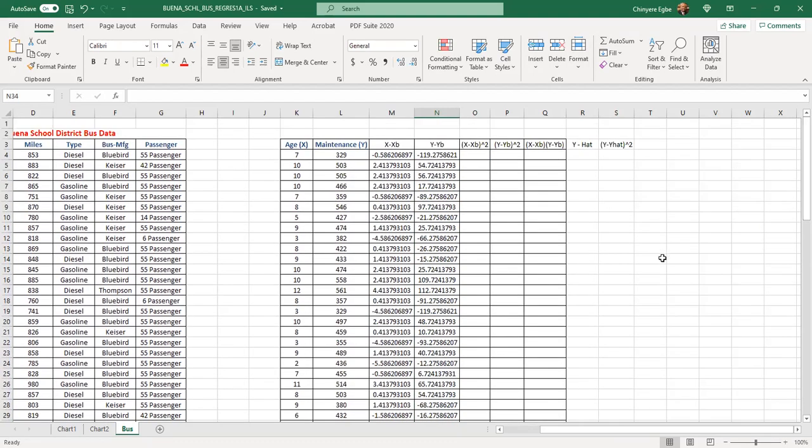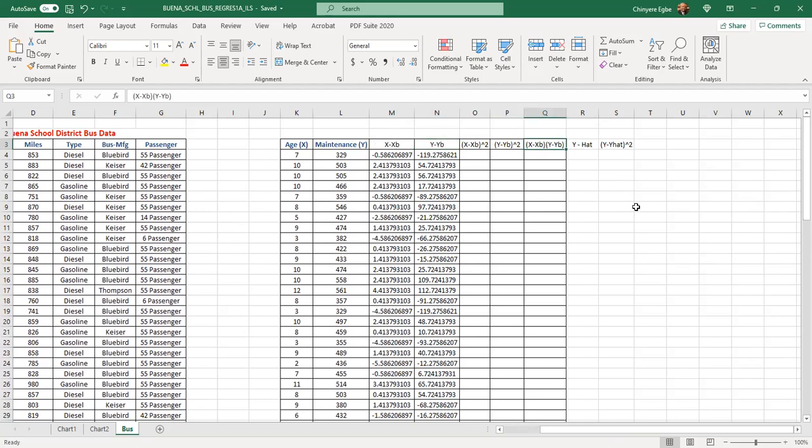Now if you go back to the formula, we said it is the summation of x minus x bar times y minus y bar. So we have to multiply column M by column N: x minus x bar times y minus y bar.